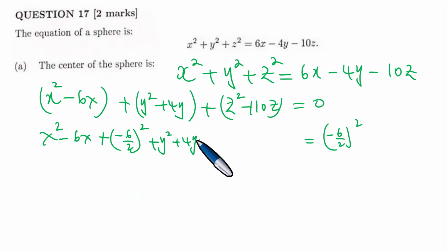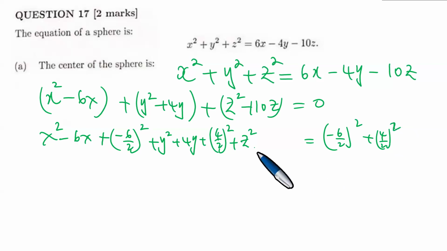Y squared plus 4y: you have 4 over 2 squared, and then you also add here 4 over 2 squared. And then you also have the z squared with 10z: 10 over 2 squared, and you also add 10 over 2 squared.